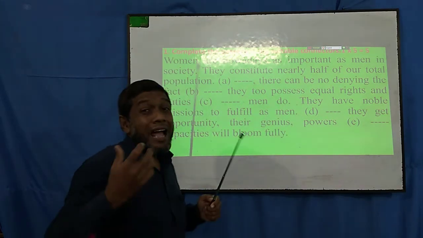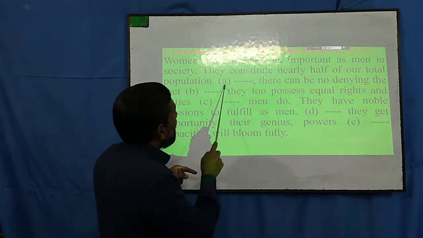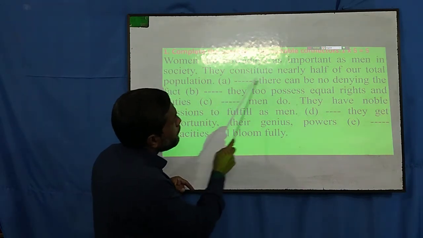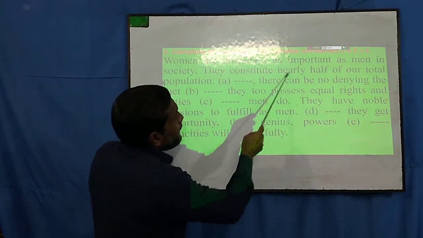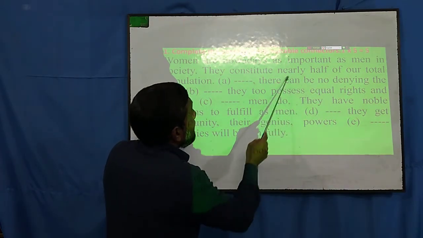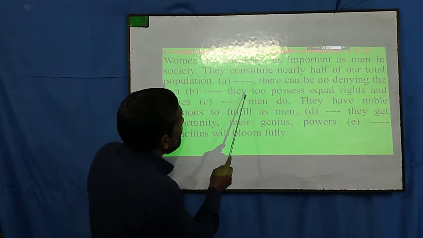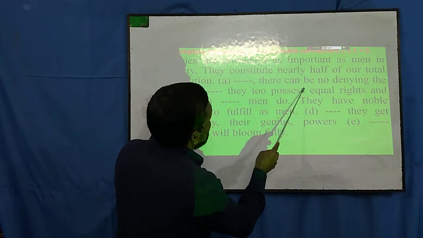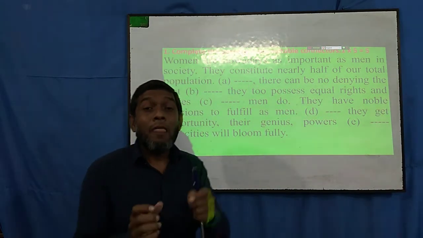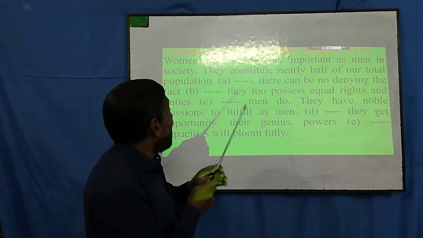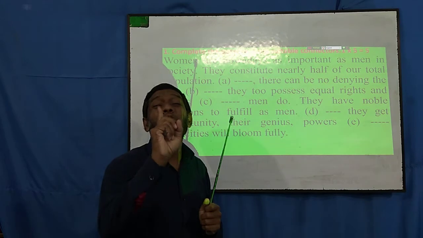Now dear student, how interesting it is. So now I will start reading from here: "There can be no denying the fact." Here "there can be no denying" is a clause. And again after the gap, "they possess" is another clause. So the gap is given between two clauses.